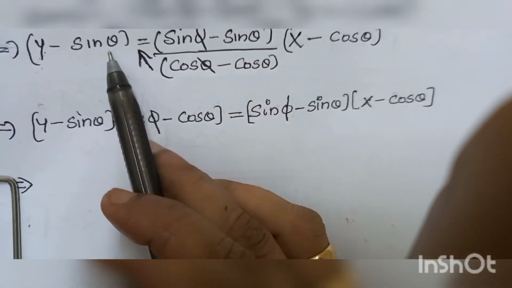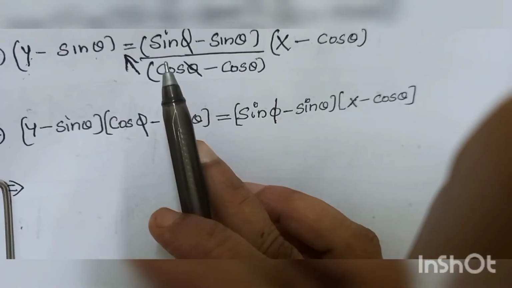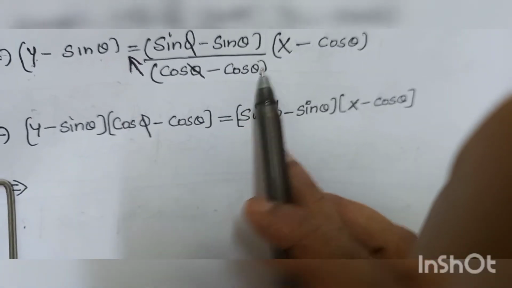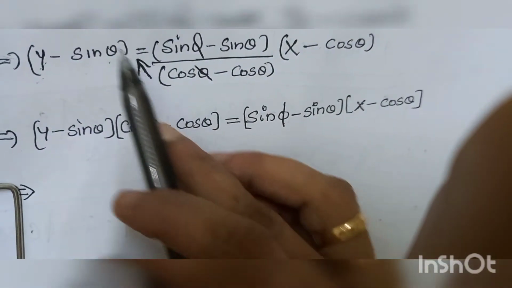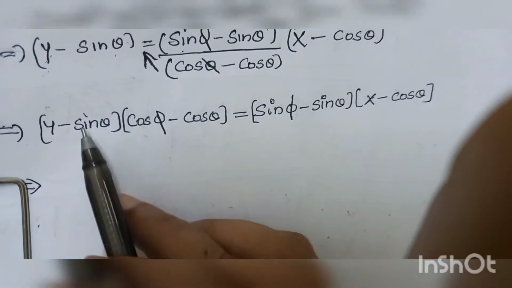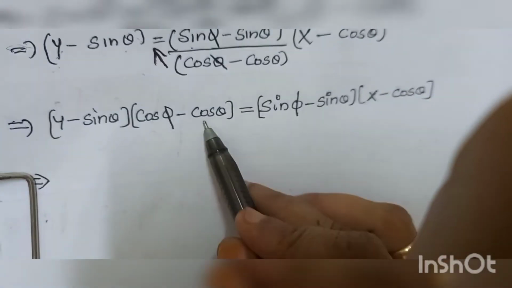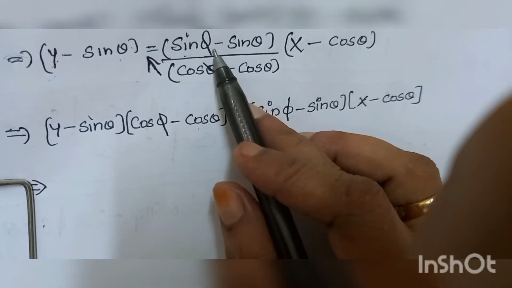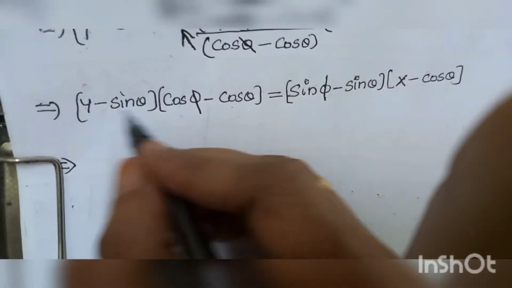So which implies y minus sin theta is equal to sin phi minus sin theta by cos phi minus cos theta into x minus cos theta. So we have to just cross multiply. We get y minus sin theta into cos phi minus cos theta, which is equal to sin phi minus sin theta into x minus cos theta we get. Okay. Then remove the bracket.